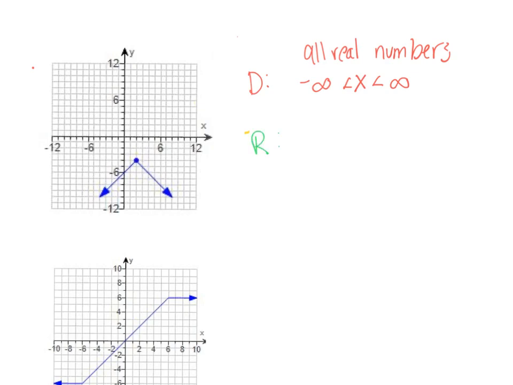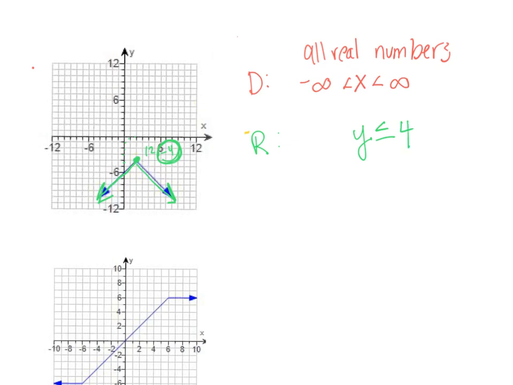When we look at our y values, the greatest y value occurs right there, and that is the point 2, 4. So 4 is my greatest y value, and every other y value is going to be less than that. So I could say that my y value is going to either be equal to or less than 4.